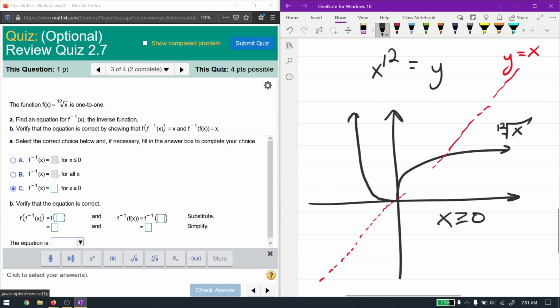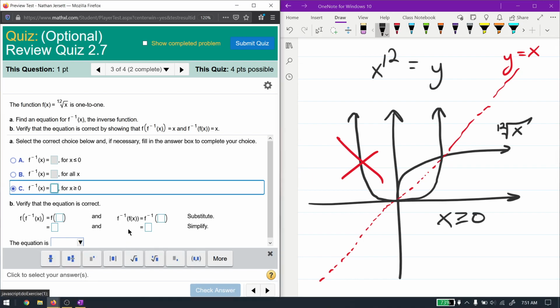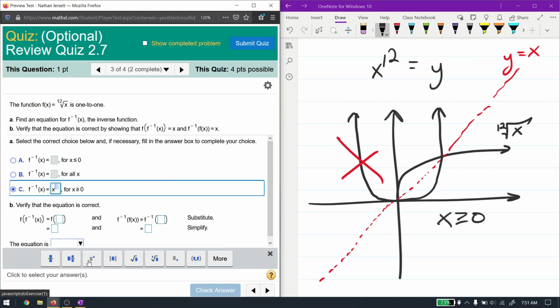This was our original function here. And as you can see, this is not a reflection over y equal x, the red dotted line there. So this is the incorrect portion of the inverse. So we have to take only the positive. That's what we're looking for there. And this of course is just x to the power of 12.